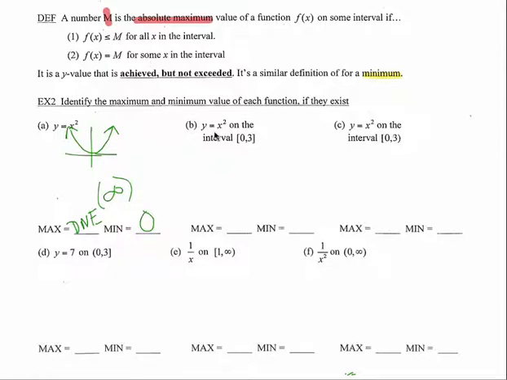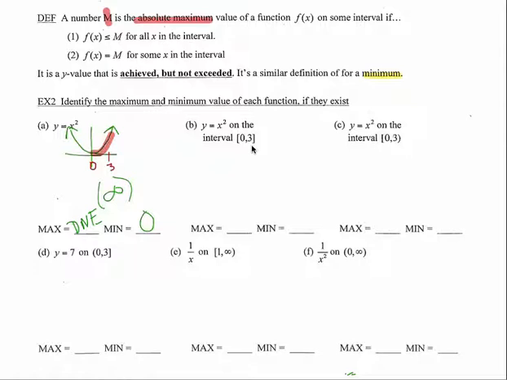Problem B, we're looking here now on the closed interval. So we're looking at from 0 to 3. So we're looking at just say that piece that is right there, that the x starts at 0 and ends at 3.